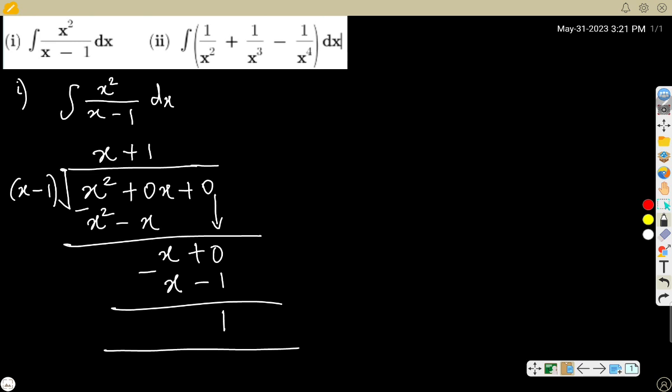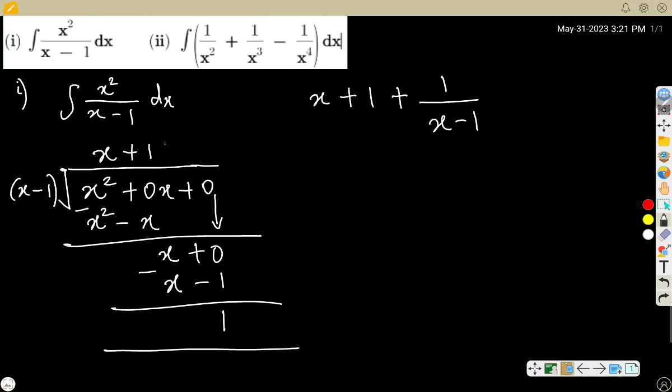So what does long division mean? It means you say quotient, we have x plus 1 as the quotient, plus remainder over divisor, like this.